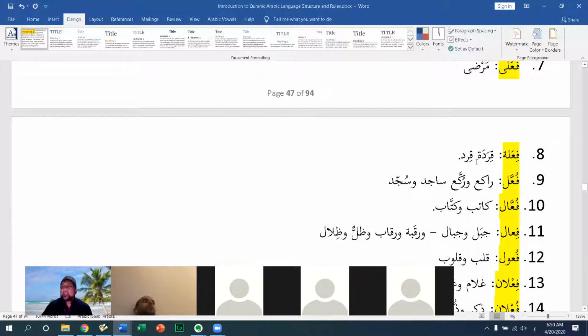فعلة قردة قرد. فعال راكع ركع وسجدا. ركعا وسجدا يبتغون فضلا من ربهم ورضوانا. Where?